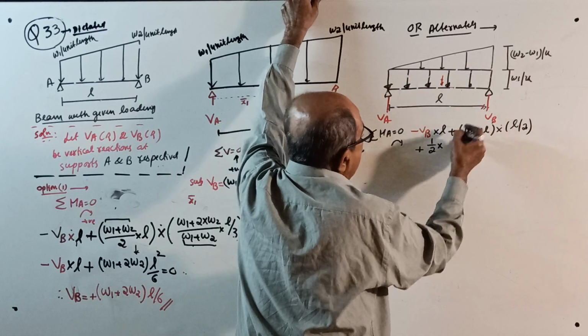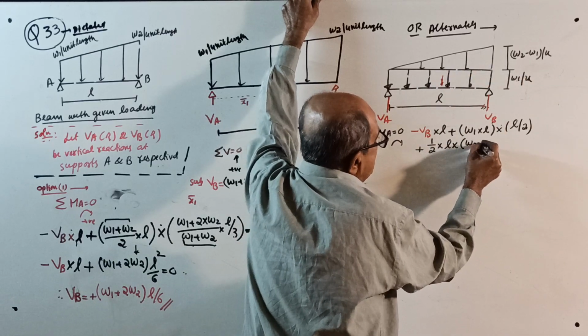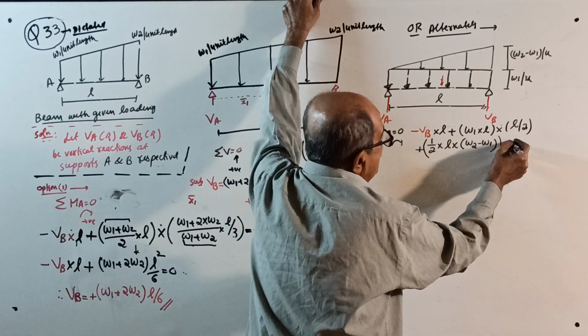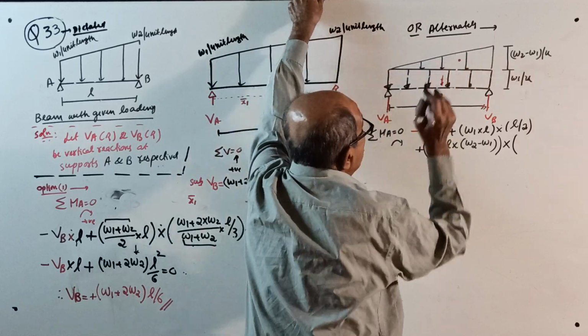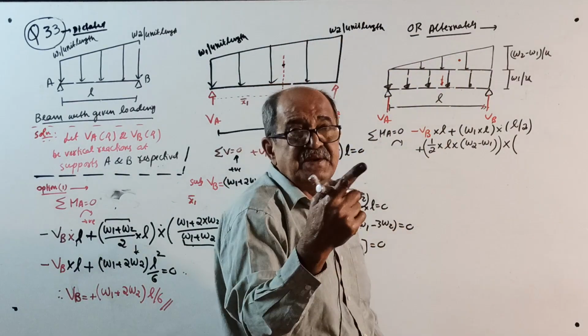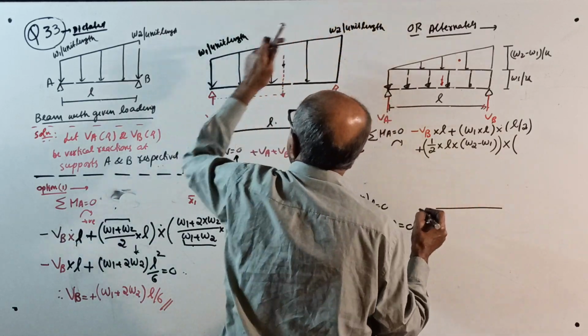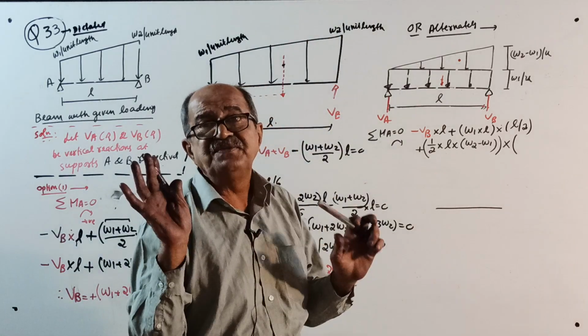Plus this load, half into L into bracket W2 minus W1 is the total load multiplied by this distance to the centroid. When I do my next question, I will tell you now only, you should do it. Where your W1 will be more, I will give the question with the answer.